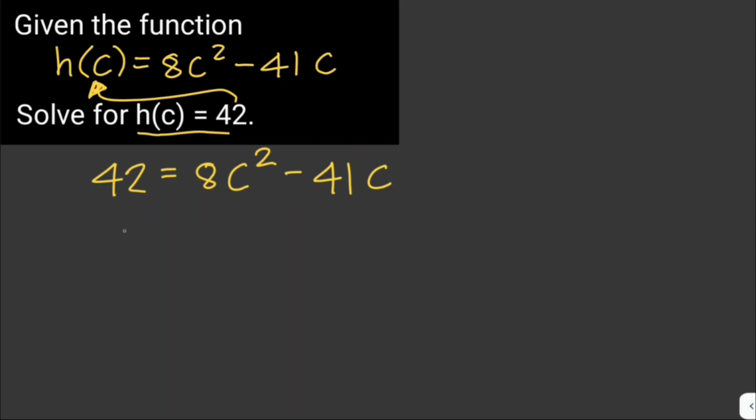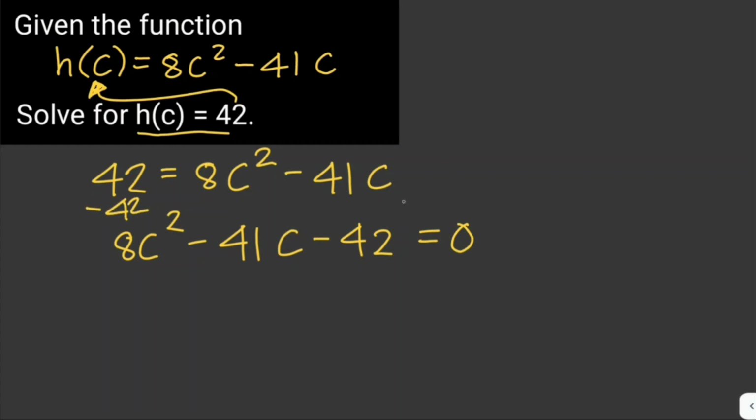Okay, we can put all of the terms in one side. So we have 8c squared minus 41c minus 42 equals 0. We just have to subtract 42 from both sides. And now we have here a quadratic equation, 8c squared minus 41c minus 42 equals 0.